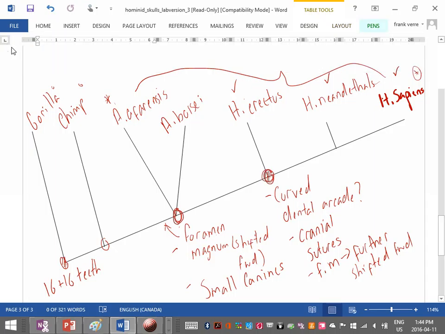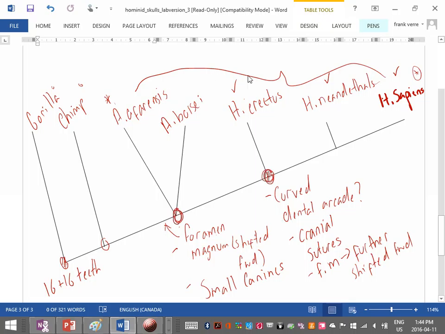Okay. Who doesn't have it then? Just them? And chimpanzees have it slightly, and erectus have it slightly, and Neanderthals. Well, yeah, kind of.